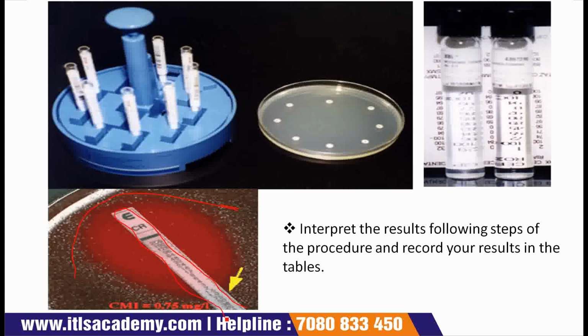This is a ruler and you have to measure the zone of inhibition for the results. You can see these tubes will look something like this. And interpret the results following the steps of the procedure and record your results in the tables.